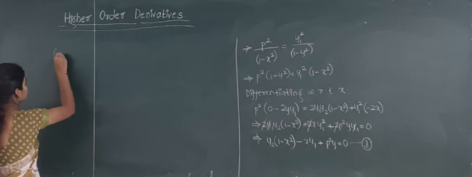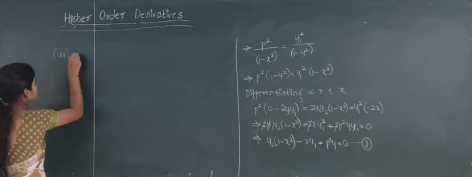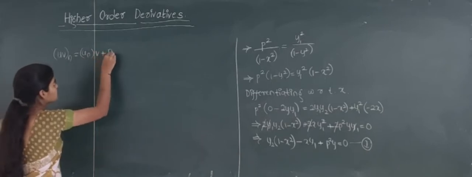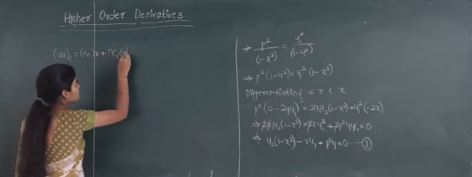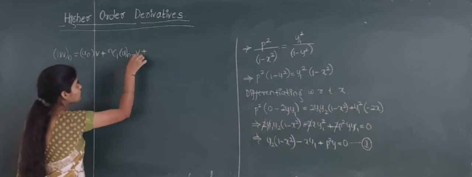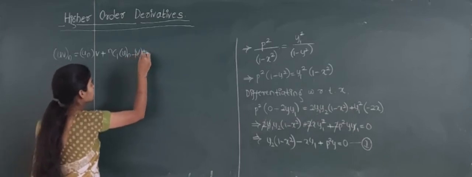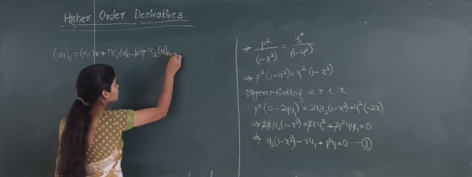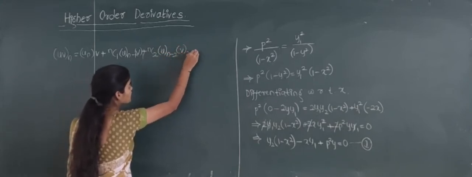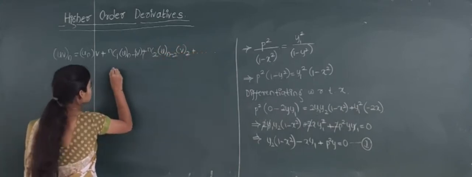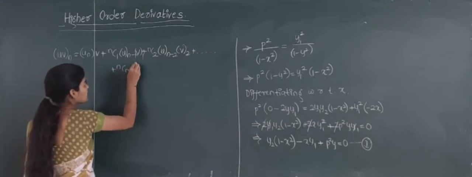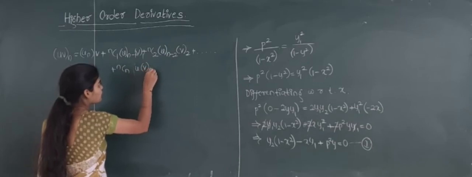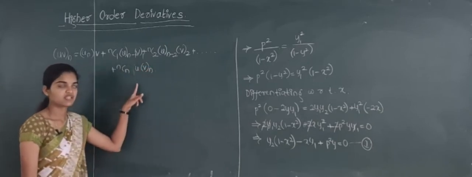The nth derivative of u into v is the nth derivative of u, v as it is, plus nC1, n minus 1th derivative of u, first derivative of v, then nC2, n minus 2th derivative of u, second derivative of v, plus and so on. This continues, and the last term is nCn, u as it is and nth derivative of v. This is our Leibniz theorem.